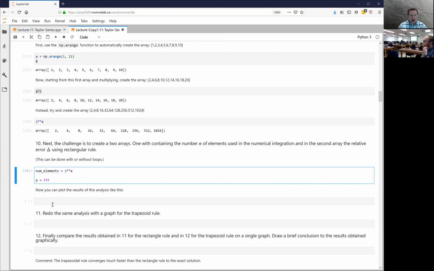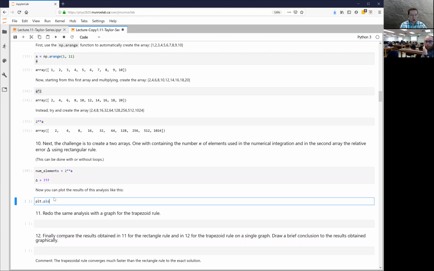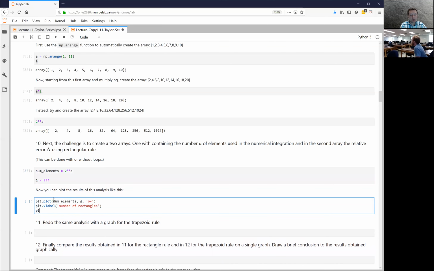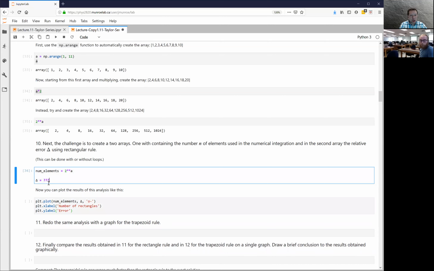And then once you have that array, we should be able to make a plot of the number of elements against this error and take a look at how the number of rectangles compares to the error. Now that won't work because I don't yet know what this is. So I want you to try and figure out a way, some code, to figure out an array of all of those values.